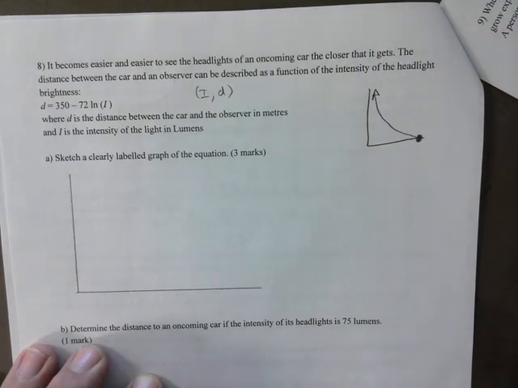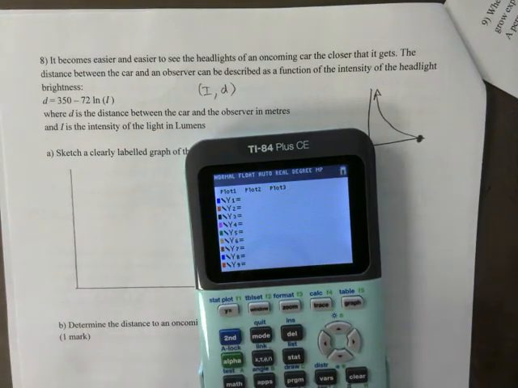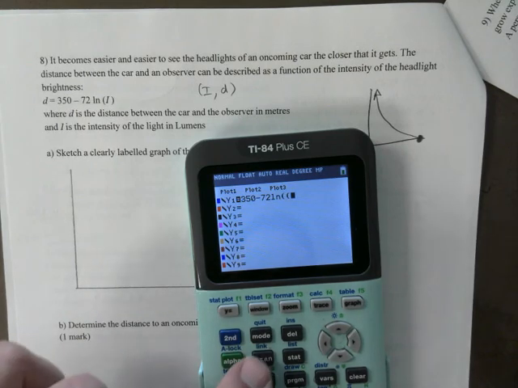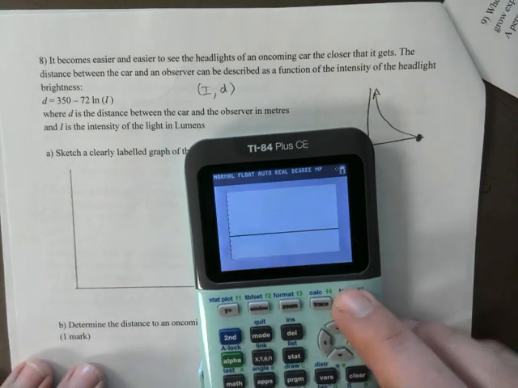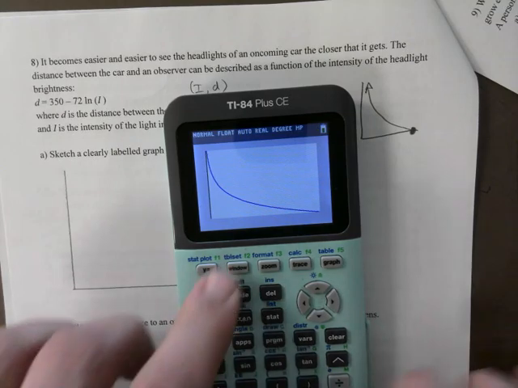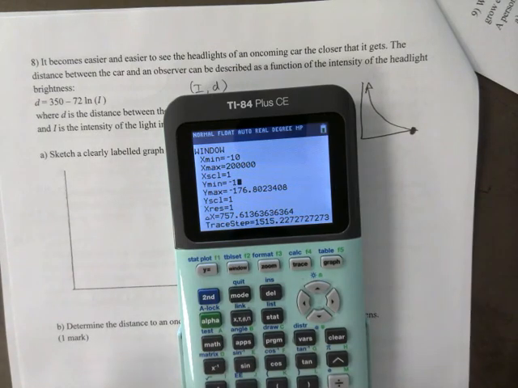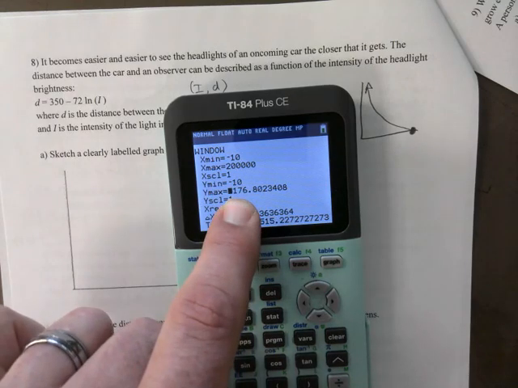Should I graph this with you? I will. Okay, I graph it. I'm going to zoom fit. There we go. And I'm going to make sure my y min is too low. I'm going to go like this. And my y max is also very low.